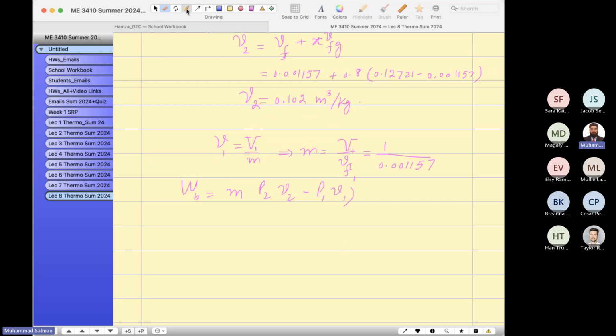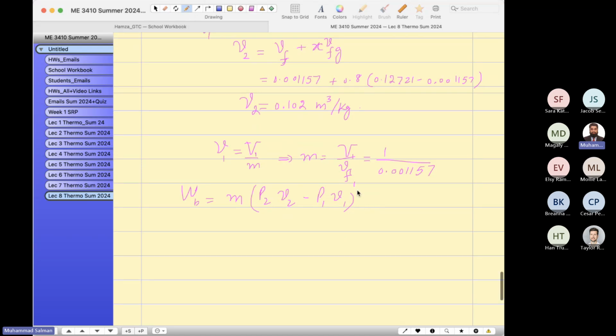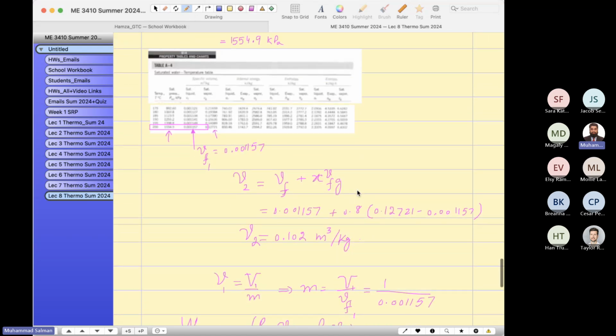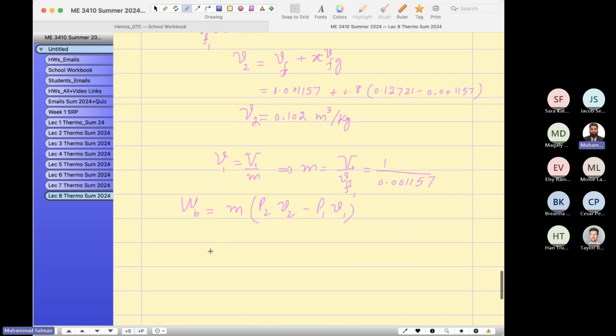What is P1 and P2? They are both equal. They are equal to 1554.9. So what is M? M equals to, let me write it down here.